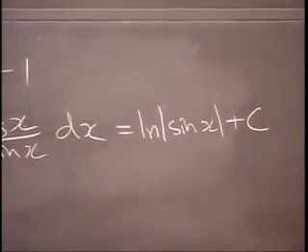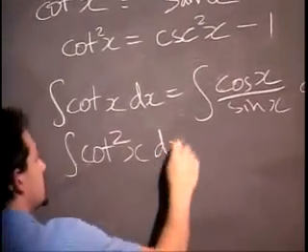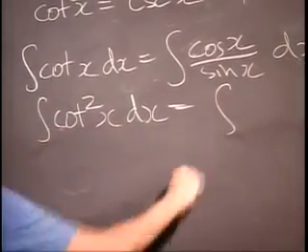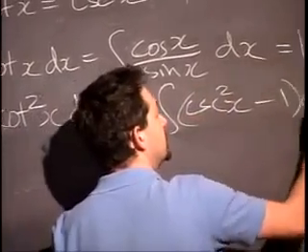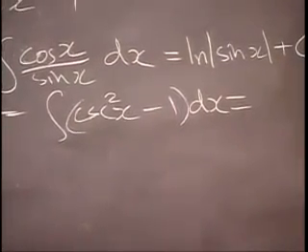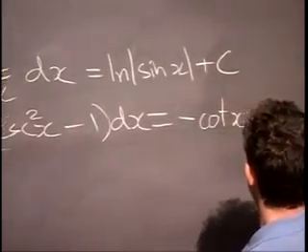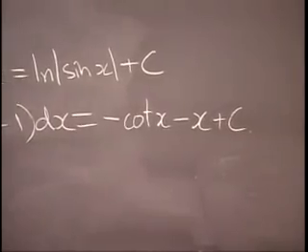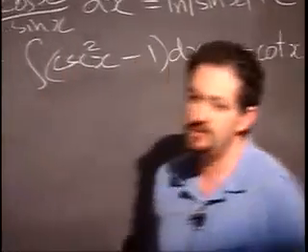On the other hand, if you do the square, you use the identity. So you're dealing with cosecant squared x minus 1. But be careful. The integral of cosecant squared x is minus cotangent x. As for higher powers, again, you steal away a cotangent squared and replace it by cosecant squared minus 1.